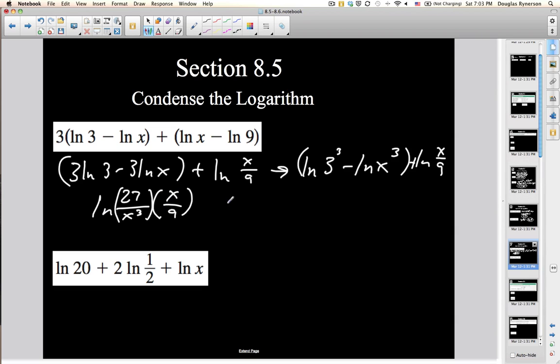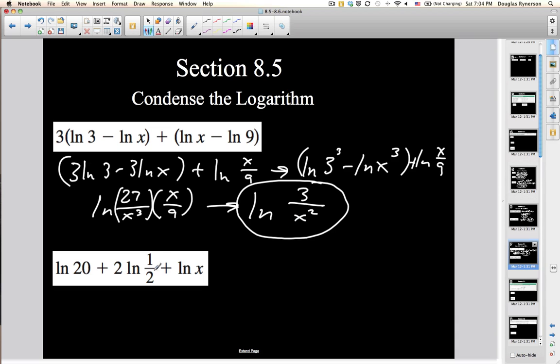And when I simplify, 9 goes into 27 3 times, so when I factor the 9 out, that happens. I take this x and take it out of those 3, and I just end up with x squared. Okay, so there's condensed and then simplified.